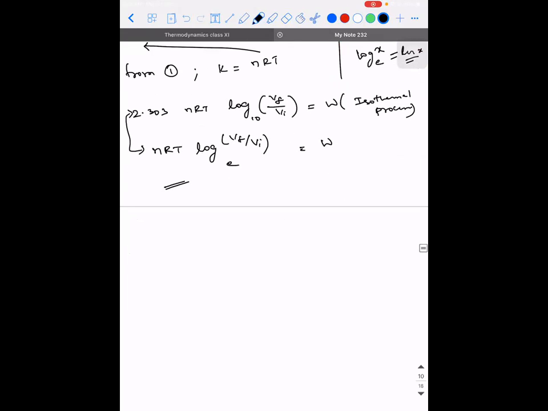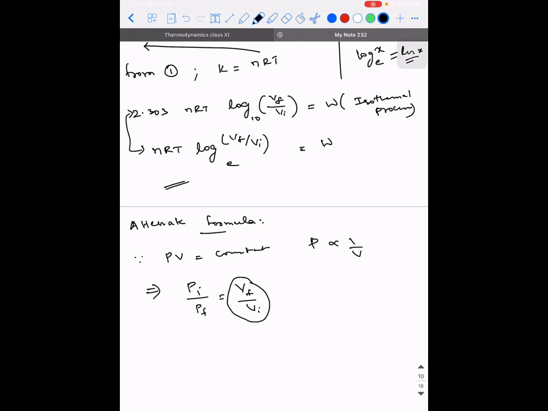Another way to write it, an alternate formula: since P into V is a constant, P is inversely proportional to V. P is inversely proportional to V means P initial by P final will be equal to V final by V initial.